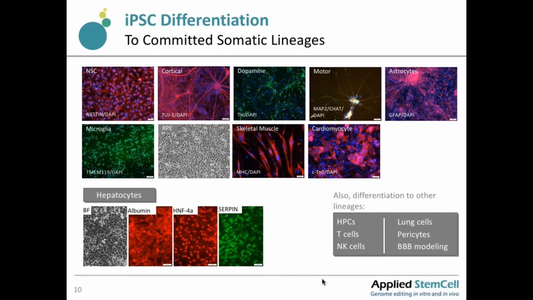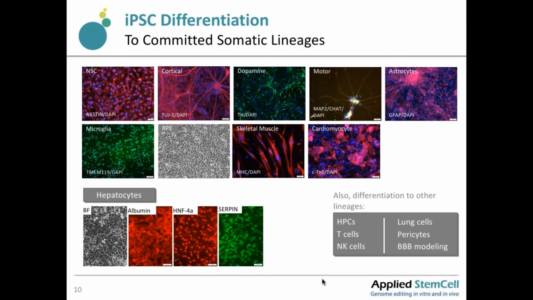And so we also have established SOPs and products for differentiating iPS cells to many different lineage cells. So here are just some examples. We are able to differentiate iPS cells to neuronal lineage cells, including neural stem cells, cortical neurons, dopaminergic neurons, motor neurons, astrocytes, microglia, and RPE, skeletal muscle cells, cardiomyocytes.